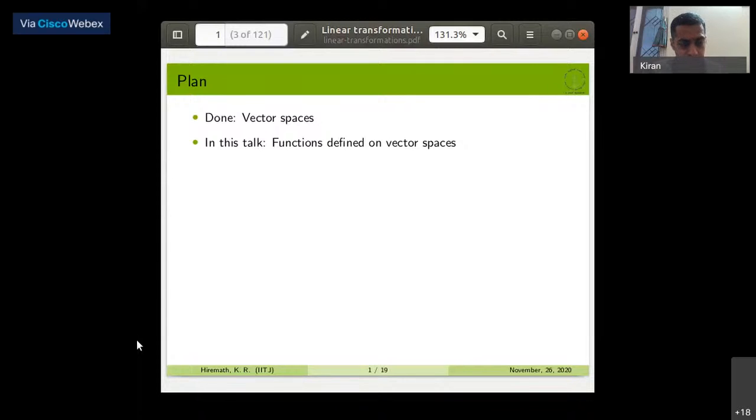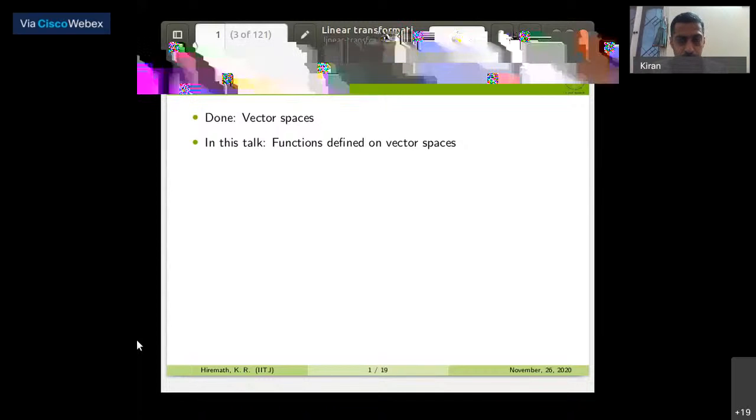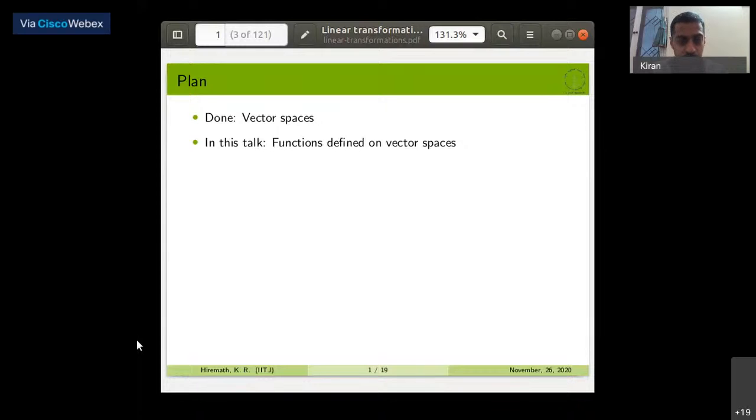If we want to define functions on a vector space, how are we going to do it? There are two ways of looking at this defining from the point of view of analysis. You see the underlying set, that is the vector space, and ask yourself what kind of interesting functions we can define on them.